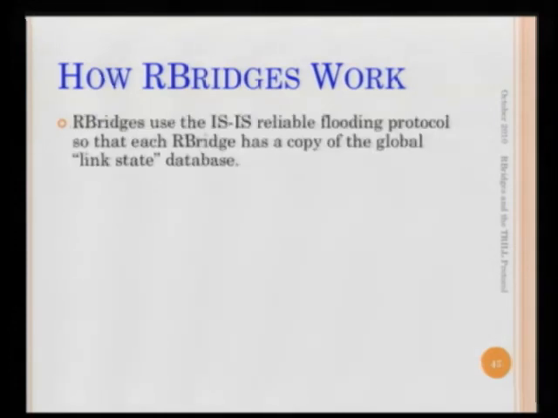So anyway, moving on to how RBridges get their act together: they've sent out these hellos and established adjacencies, and then use the ISIS reliable flooding protocol so that each RBridge gets a copy of the global link state database. From the name of that, you can tell it basically tells who's hooked to who, where there are links, and it has the cost of those links, basically the inverse of the bandwidth typically.